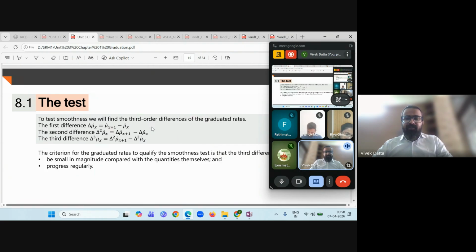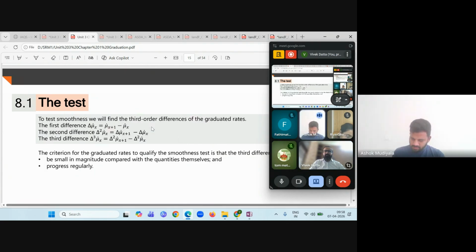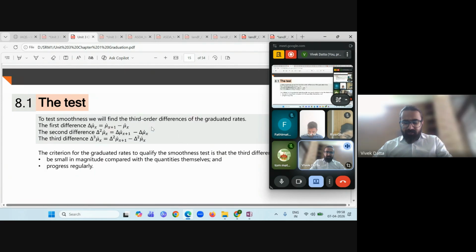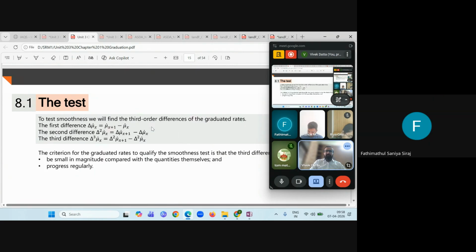How many have you done? There are 10 ages, so you will be able to do 7. Almost 10, just keep 3. Sania, able to solve? I'm trying to, sir. I'm not done yet.